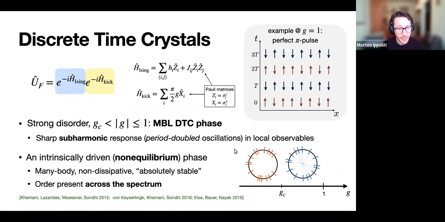And another striking feature, a manifestation of this eigenstate order, is that this behavior is not only present in some particular bit string, for example the polarized or staggered ones or anything like that, but really is expected to be present across the many-body spectrum.